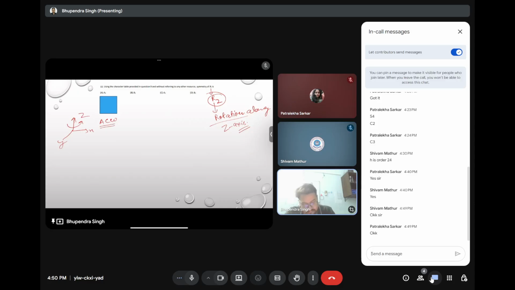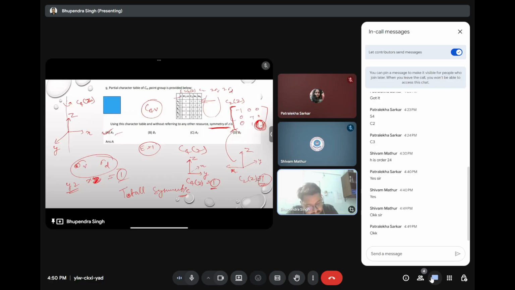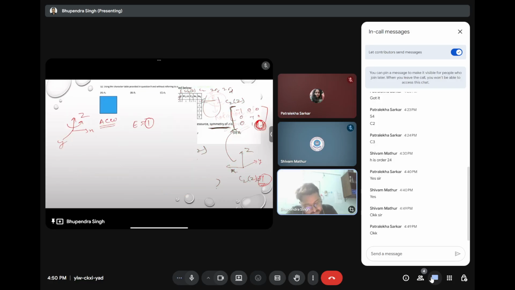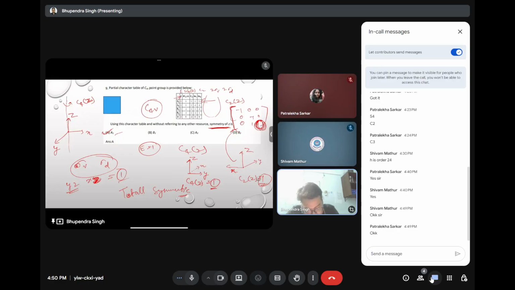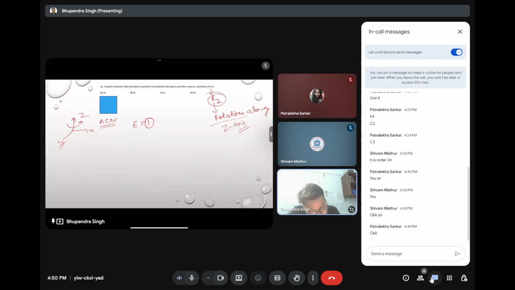So E will give you 1. This E operation will always give you 1. Next, what is it? 2C4(z), which means C4z. So what will happen for C4z?